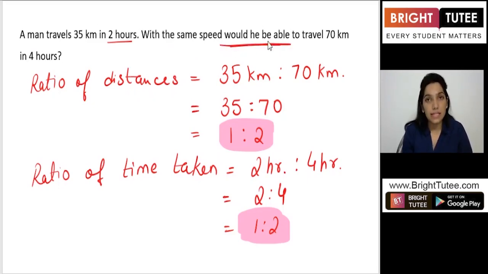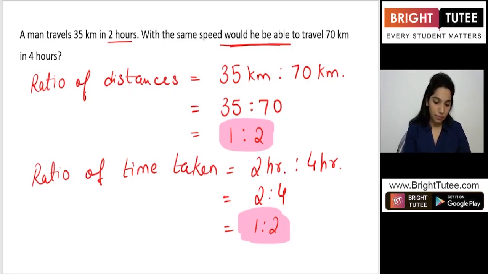The answer is yes, he will be able to travel 70 kilometers in 4 hours because the ratio of distance and the ratio of time taken are in proportion.